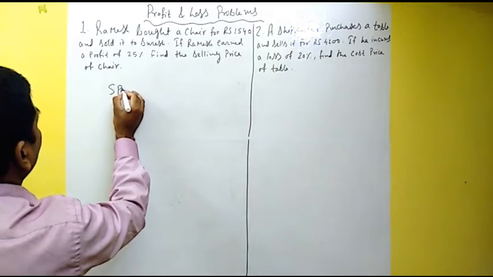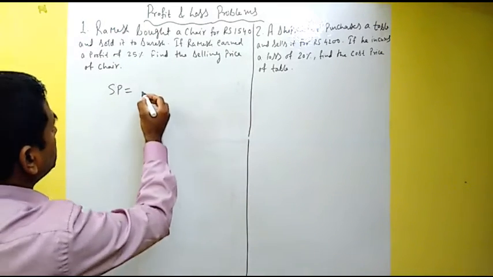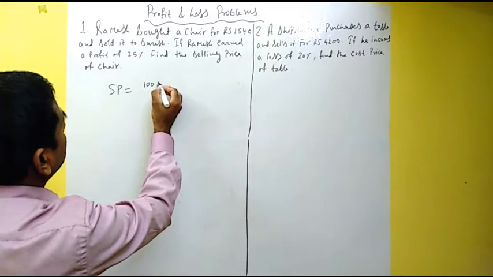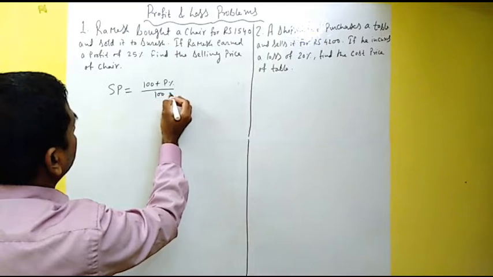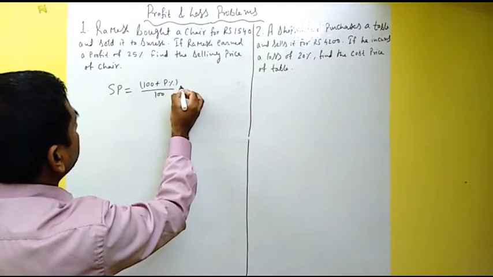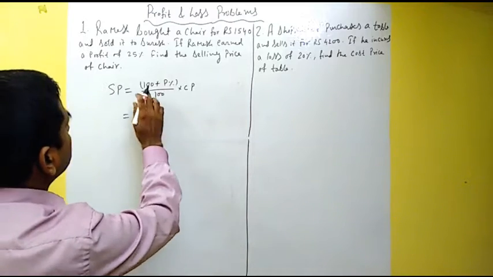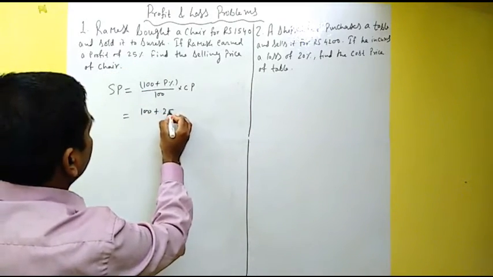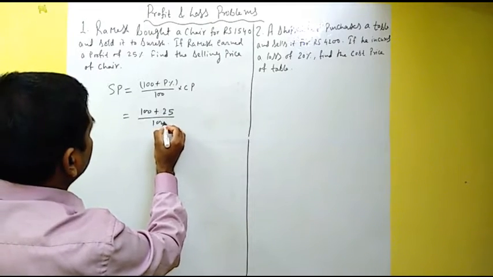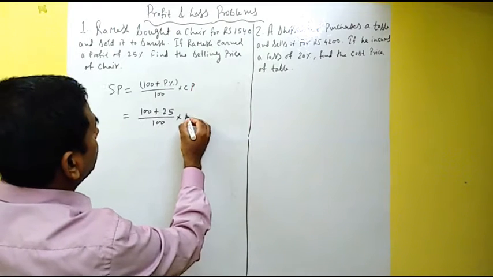We know the formula: selling price is equal to, since profit percentage is given, (100 plus profit percentage) divided by 100, multiplied with cost price. Now in this, 100 plus profit percentage is 125, and cost price is 1540.